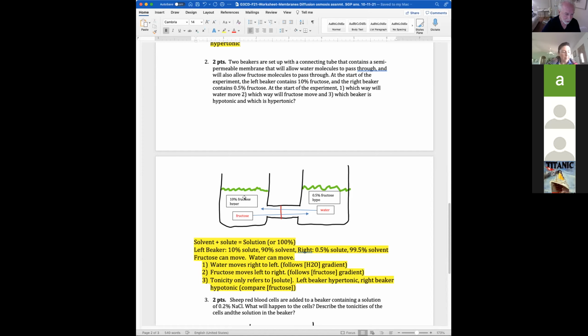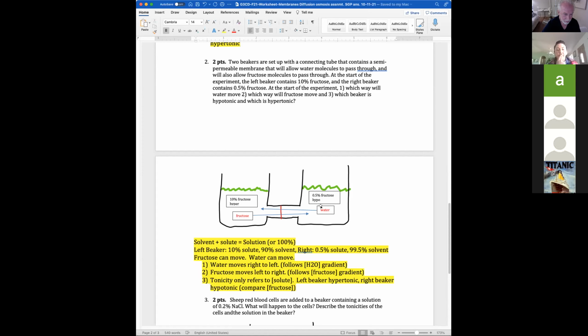Well, if it's 10% fructose, then it's 90% water. And on the other beaker, if it's 0.5% sucrose, then it's 99.5% water. And water is going to move down the concentration gradient.